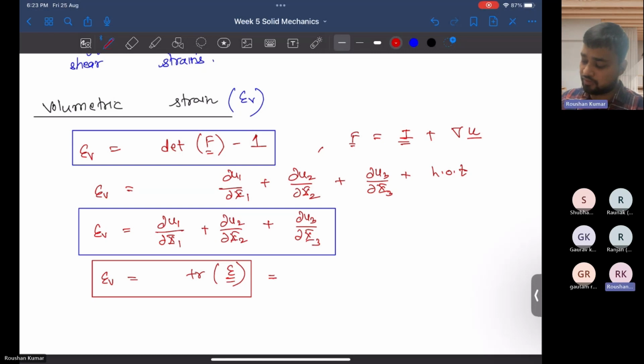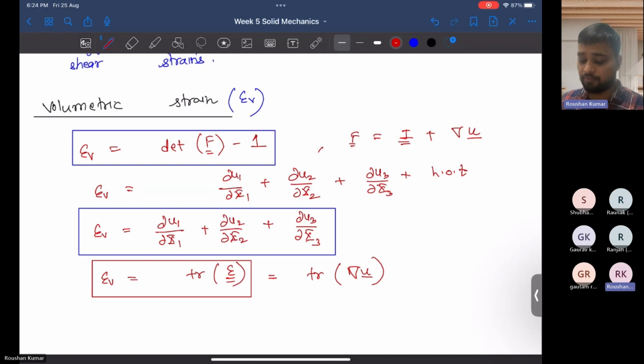Here you can also see that the epsilon tensor is the infinitesimal strain tensor, given by half of grad U plus grad U transpose. So it is also equal to the trace of grad U, because if we sum over the diagonal elements, grad U also gives the same components in the diagonal.